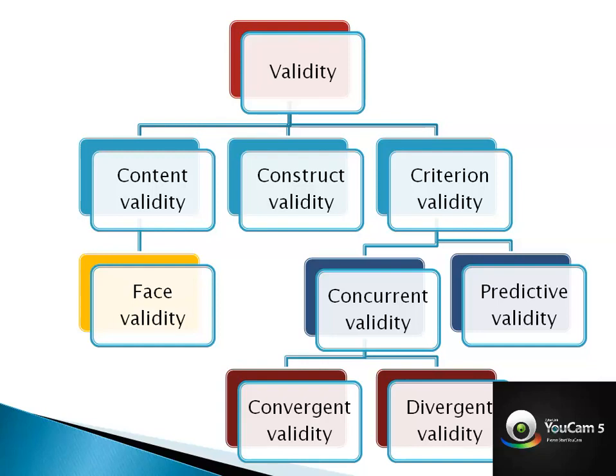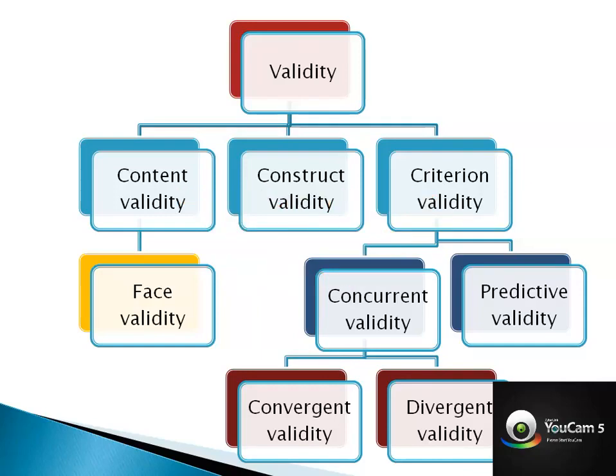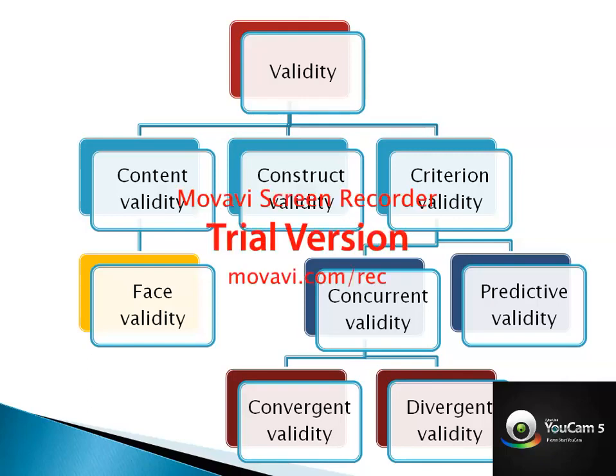One is concurrent validity, the other is predictive validity. Concurrent validity, you compare the concept and the criteria at the same time, or the other one is you do it in the future, predictive. While comparing it at the same time, if it gives a high correlation, then it is called convergent validity. If it gives a poor correlation, it is called divergent validity.